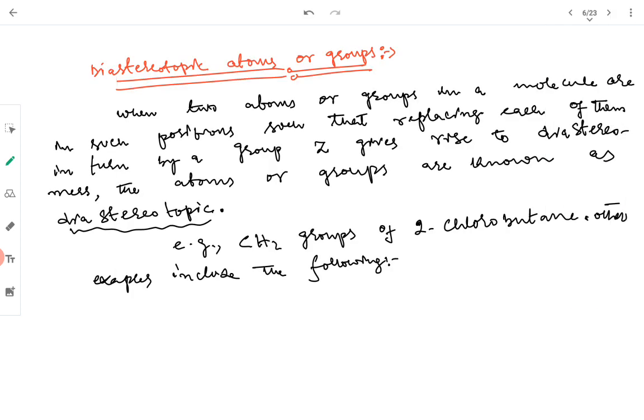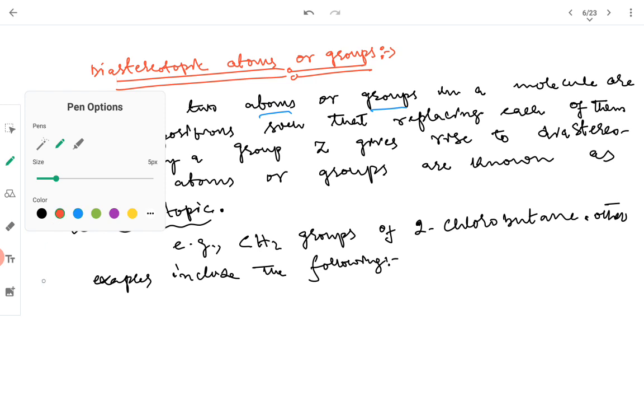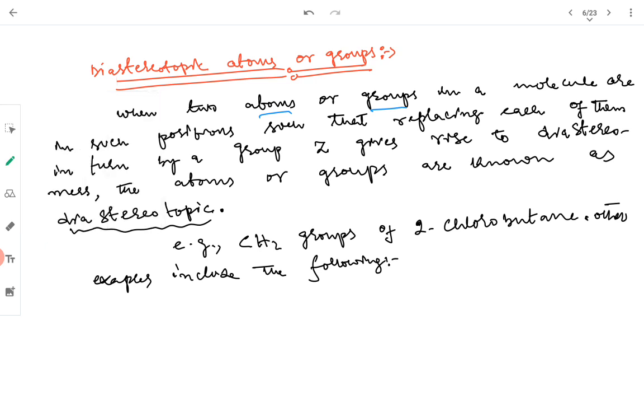Now, that was about enantiotopic atoms and groups. Now we move to the second subtopic, that is diastereotopic atoms or groups. When two atoms or groups in a molecule are in such a position that replacing each of them in turn by a group Z gives rise to diastereomers, such atoms or groups are known as diastereotopic atoms or diastereotopic groups. So the term is pretty much clear.